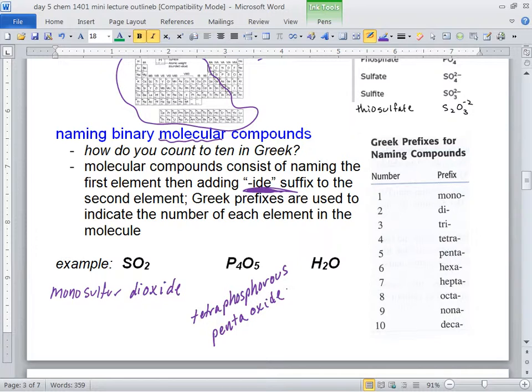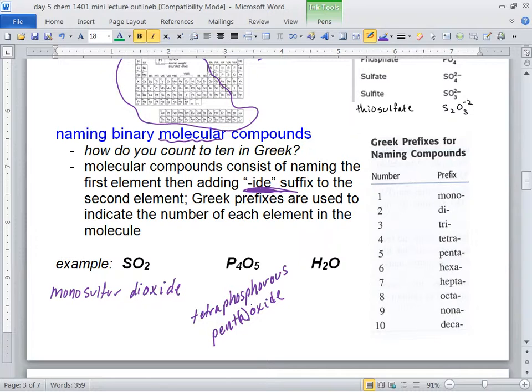So remember, spelling's a big deal. For some reason, some folks, and this is okay, don't like to have the A and the O there. So they say tetraphosphorus pentoxide. If you left the A out, I'm not going to get on your case. Some people like to write, you can leave it in or out, so they put parentheses around it. Fine, doesn't really matter. But tetraphosphorus pentaoxide.